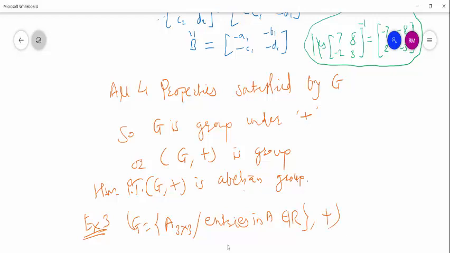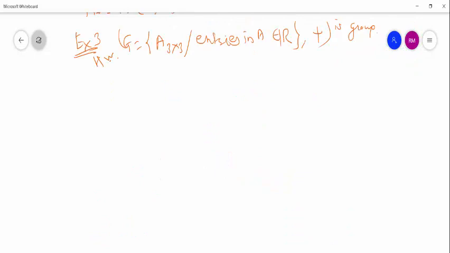We can also generalize these for n by n, 4 by 4 matrices also, that is also a group. 5 by 5, that is also a group. This is also good homework for you. Similarly, if you take the set of rational numbers under addition, it is also a group.